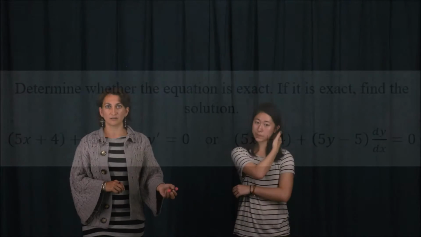All right, so I am Ruby, and I am going to put up an equation and try to determine whether or not it is exact. And then if it is, Emily will help me find the solution.